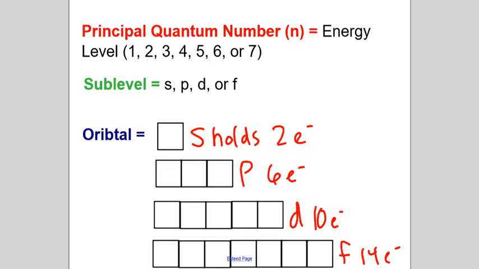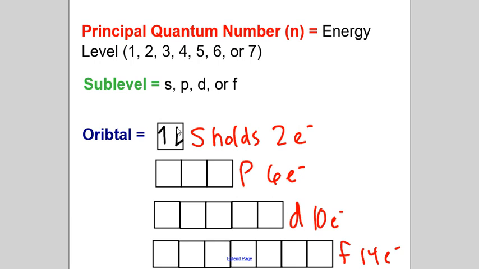Okay, and then from there, so again, quantum numbers can go 1 through 7. There are 4 different sublevels, which are the S, P, D, and F. The S sublevel has 1 orbit in it, which is this one single box, and that box can hold 2 electrons. So you can have an up electron and a down electron, which is called their spin.